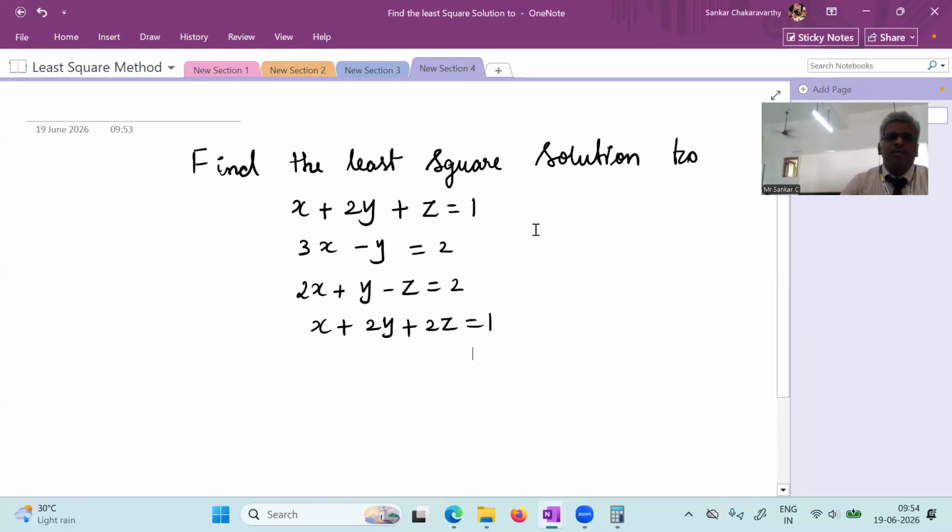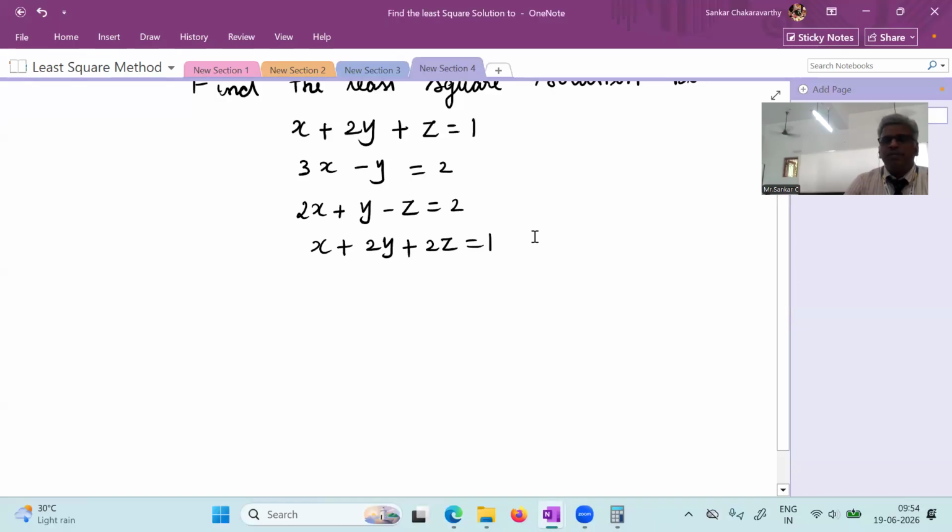Here you are having a system of equations. First, let us find whether it has a solution or not. For that, let us write this in the matrix form.